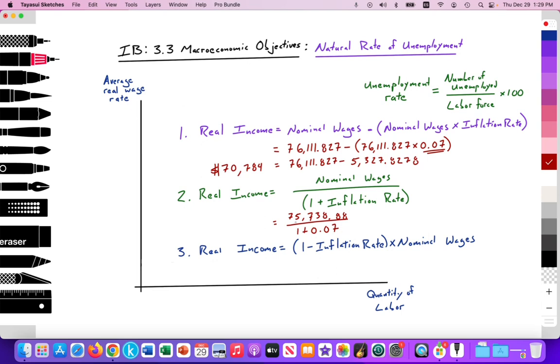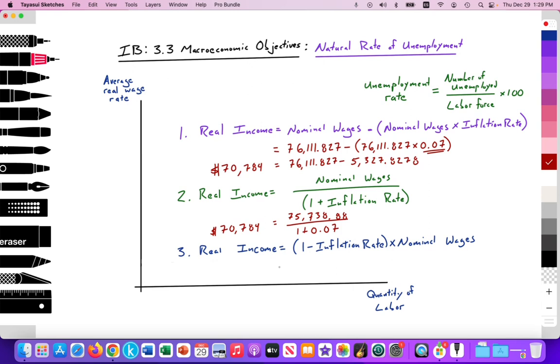So it's essentially 75,738.8 divided by 1.07. And that would work out to 70,784 as the real income in that particular year.